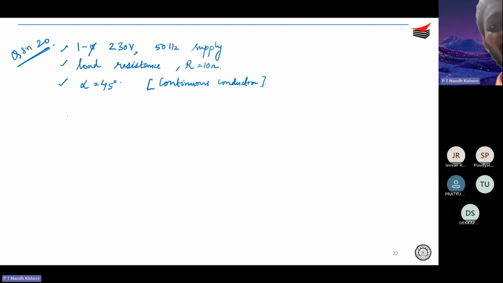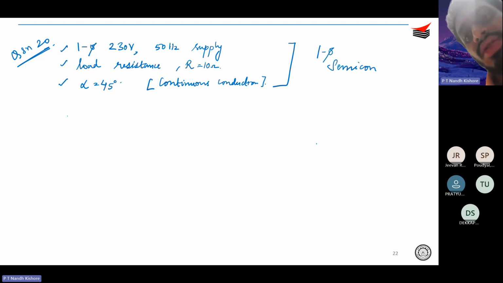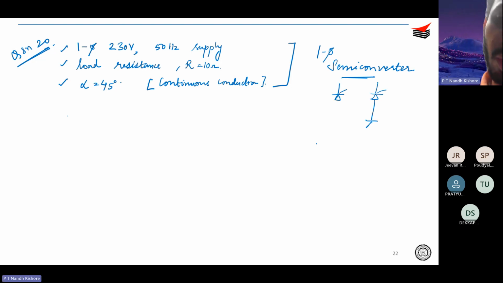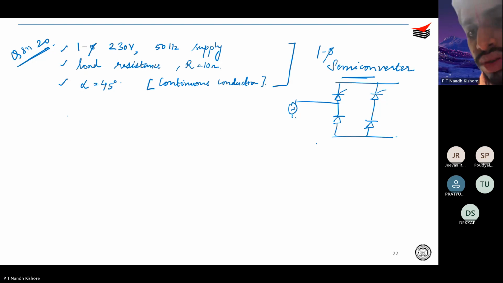And the converter is a single phase semi converter. What is a single phase semi converter? You have thyristors over here, and then you have diodes. This is your load.